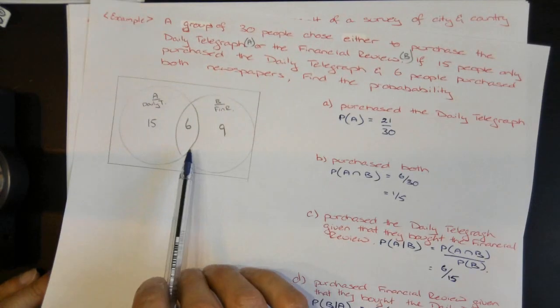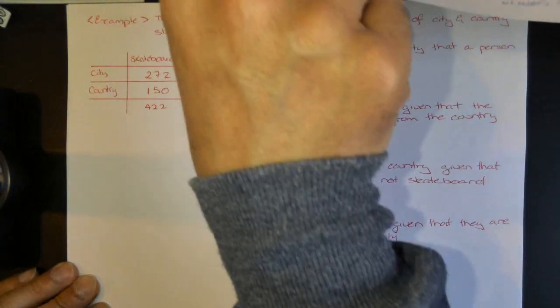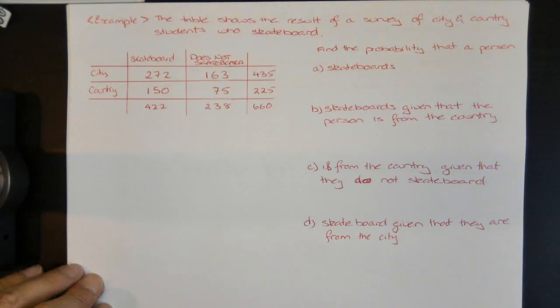So that was an example using a Venn diagram, and here is an example using a table instead.